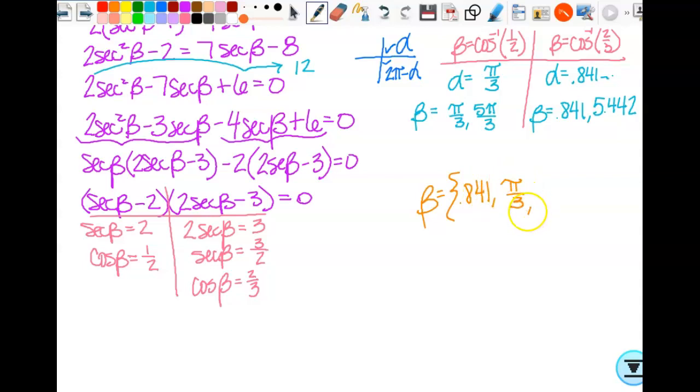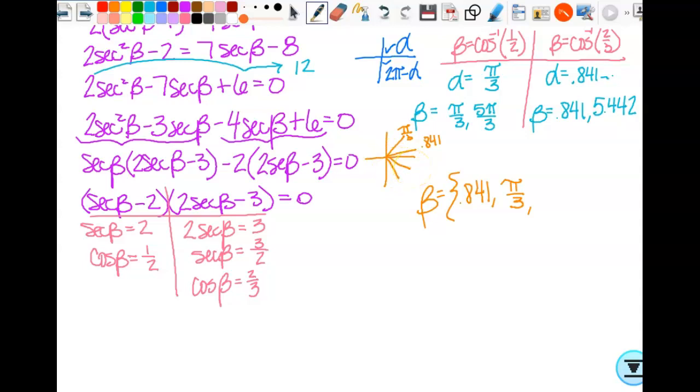Okay? Now let's think about what we know about the unit circle. I've got pi-thirds, which is about right here. Ugh, except I can't write. And then that means that my .841 is, I don't know, somewhere less than that. It doesn't matter if I'm right or not. So when I go around to the fourth quadrant, I'm going to have 2 angles here.